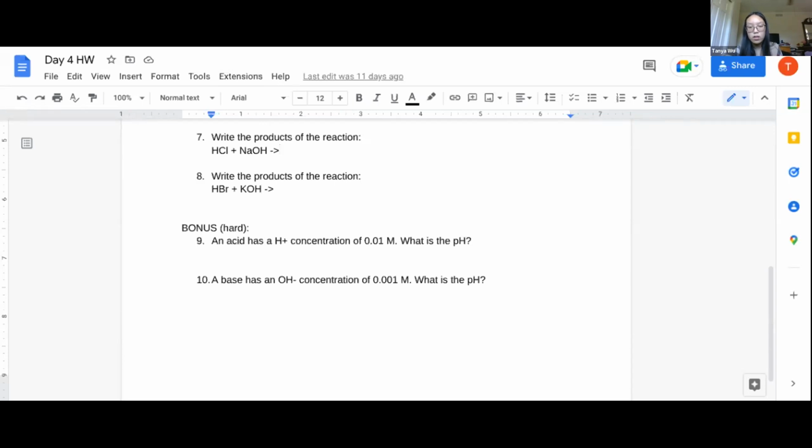And then the stuff that's left is just sodium and chloride. The cation goes first, so that's NaCl, a table salt.